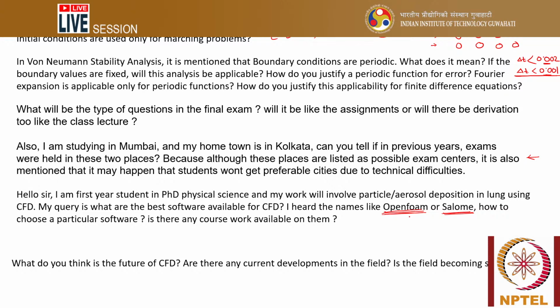Otherwise, if you are solving a three-dimensional problem with a higher grid, then in Comsol it takes more memory. But for particle and aerosol deposition in the lung, I think the geometry will be complicated. So you need to generate some unstructured grid, and you will be able to solve using OpenFOAM because it is a very good finite volume open source software.